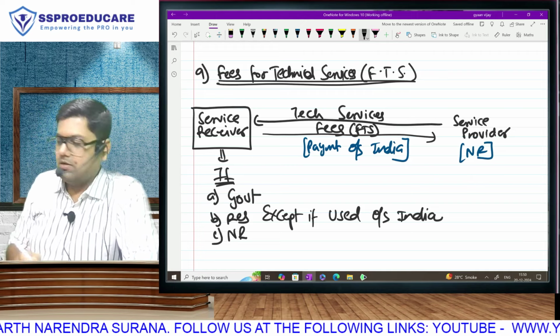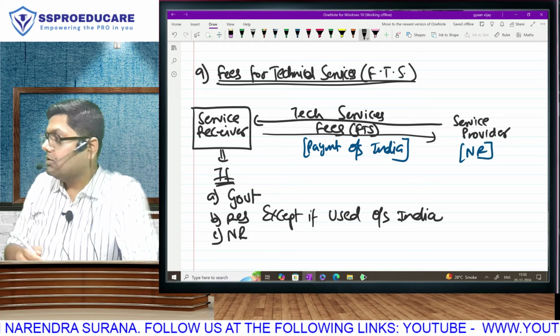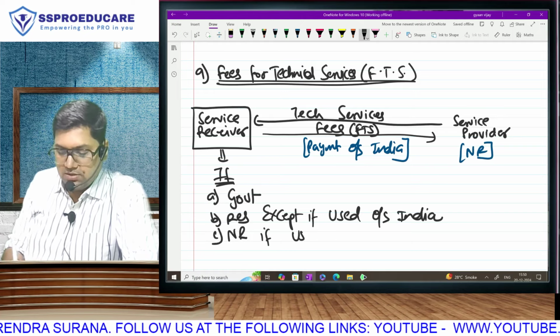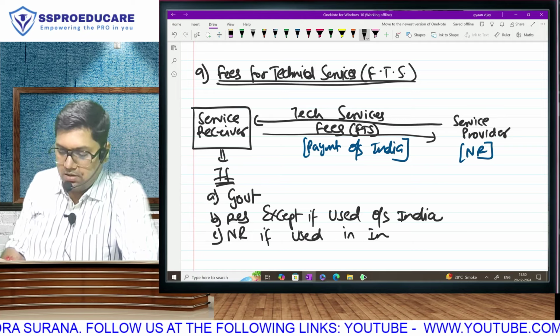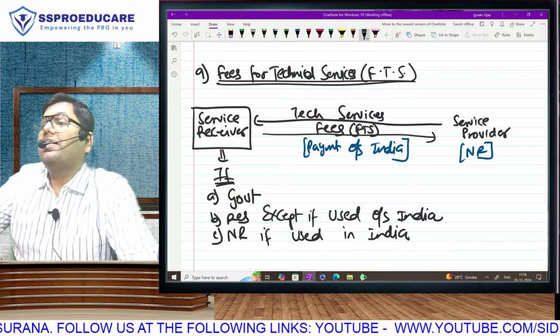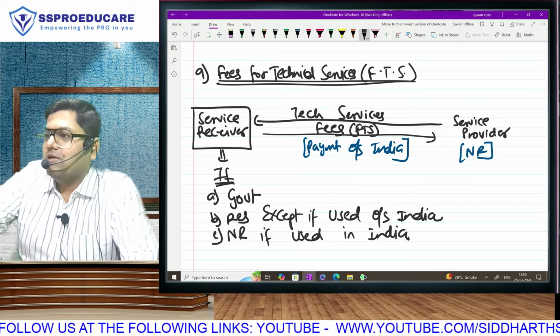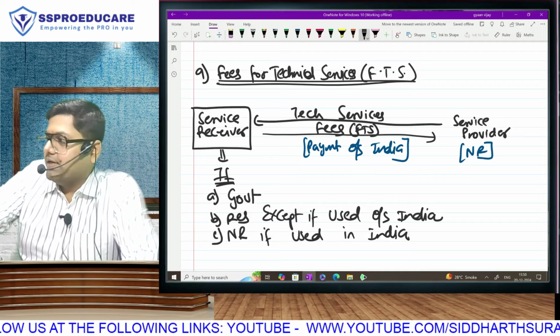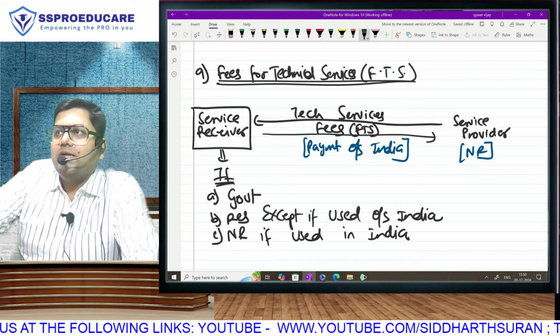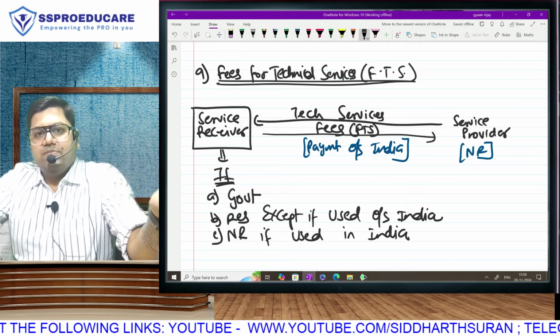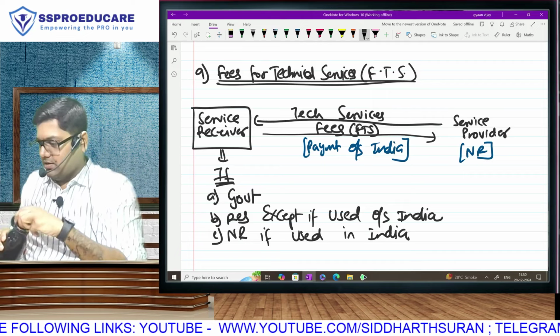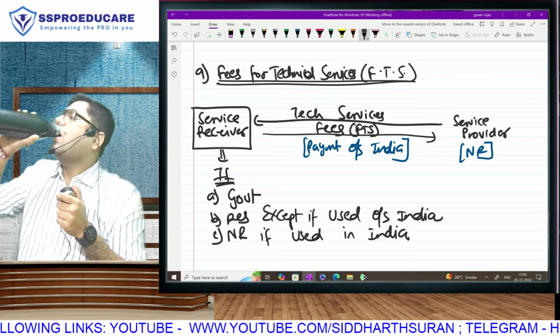Non-resident. If used what? If used the services in India. And again, that illogical part which existed only in the interest case, that illogical part again does not come. It existed only under interest. That non-resident to non-resident only is used for business. That part existed only under interest, does not exist here.